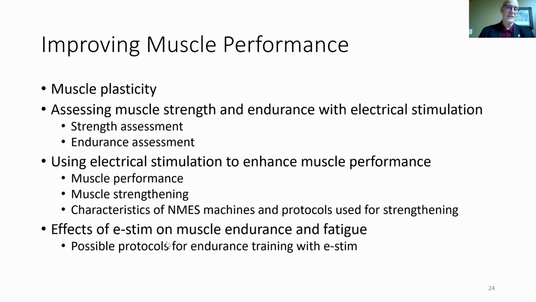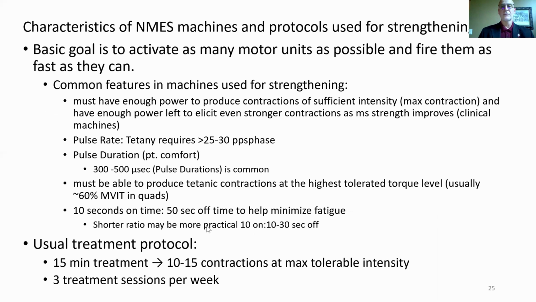I'm not going to spend a lot of time on E-stim for muscle endurance and fatigue, but basically you use similar protocols and adjust on and off times, and I will tell you how to do that. So the basic goal of using NMES, neuromuscular electrical stimulation, is to activate as many motor units as possible. That's the goal.